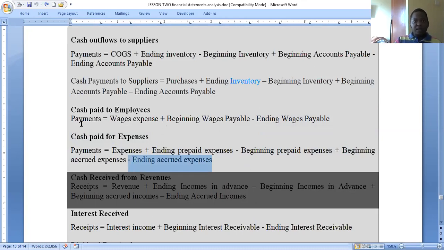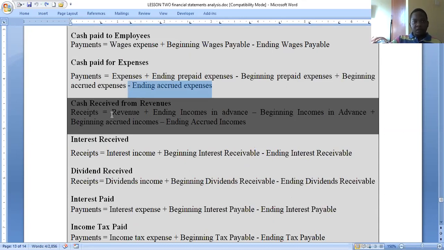And then cash received from revenues shall be equal to the revenues plus ending incomes in advance minus opening incomes in advance plus beginning accrued incomes minus ending accrued incomes.